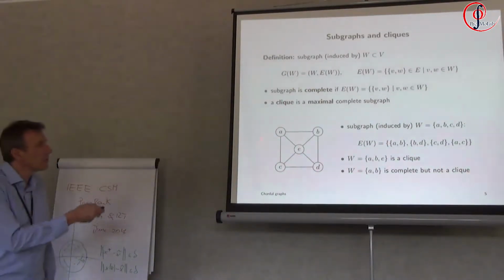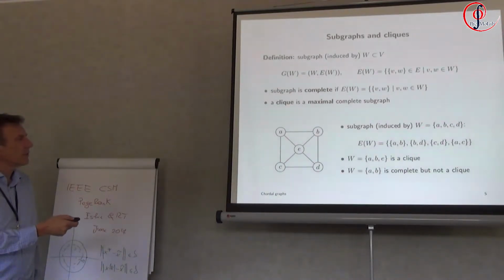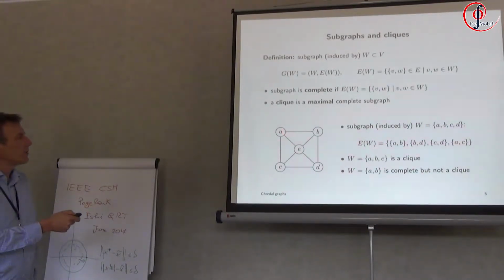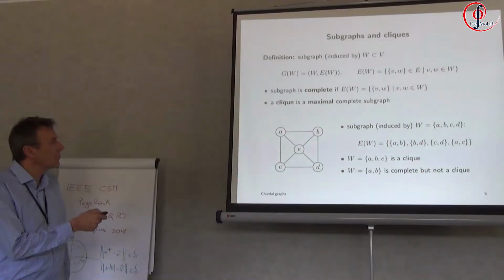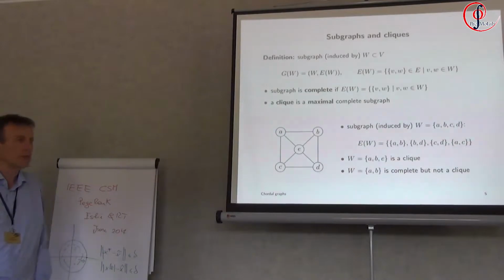In this example, the subgraph induced by these four vertices, A, B, C, D, would be those four vertices and then the four edges. So you take out C and all the edges connected to C. The subgraph AB is a complete subgraph, but it's not a clique, and ABC is a clique because it's a maximal complete subgraph.